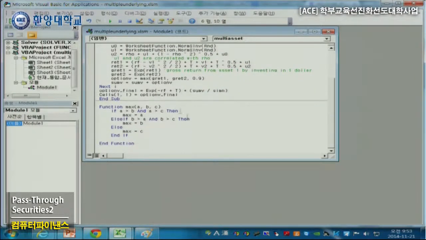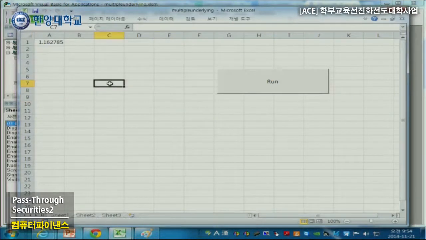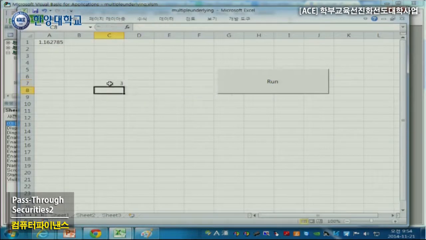Oh, by the way, I didn't explain how to write a new function with Excel VBA, but it looks straightforward, right? Previously, I wrote just a subroutine, but this is developing a new function. Since you develop a new function, like Max 1, 2, 3, you can use it in your spreadsheet as well.